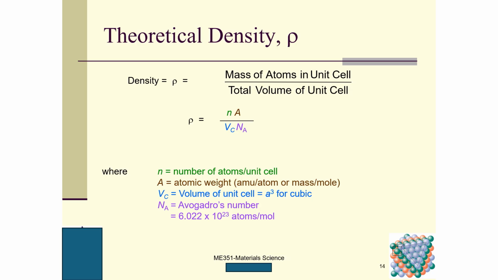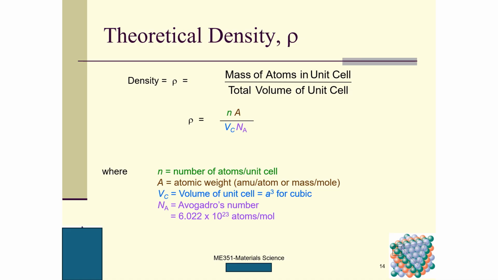In material science, we use the mass of atoms in the unit cell divided by the total volume of the unit cell, the same thing. So rho equals n A over Vc N_A. In this equation, n is the number of atoms per unit cell, and A is the atomic weight.